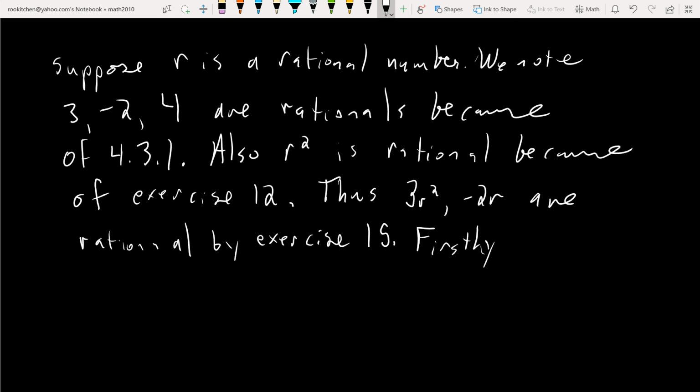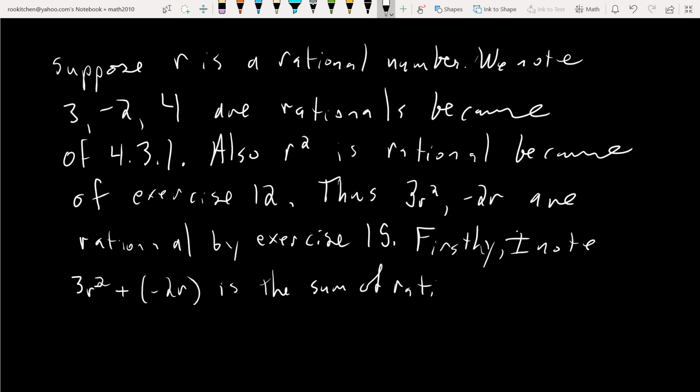Firstly, I note 3r squared plus negative 2r is the sum of rationals and therefore rational.